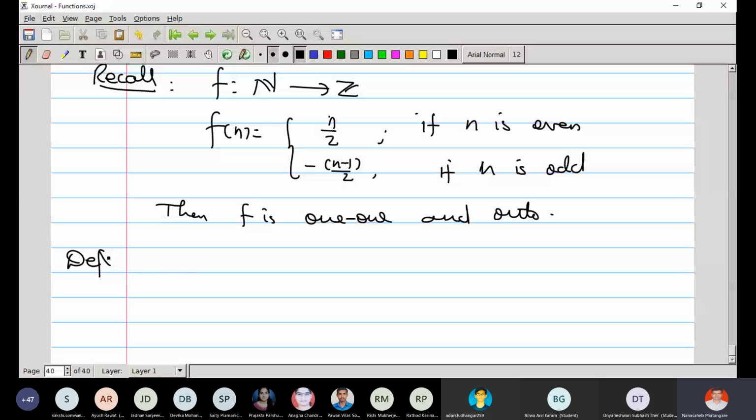As we defined before, if A is a set, then what is the cardinality of set A?